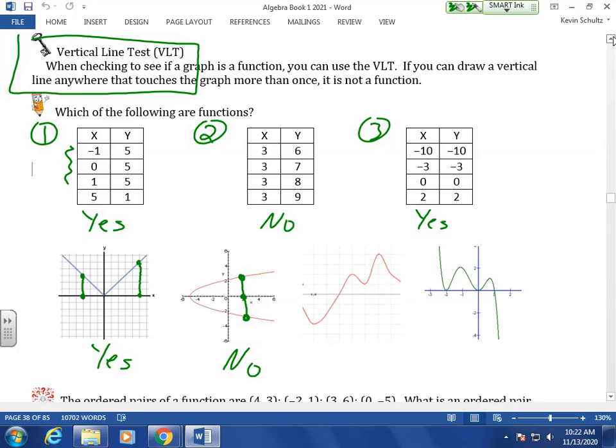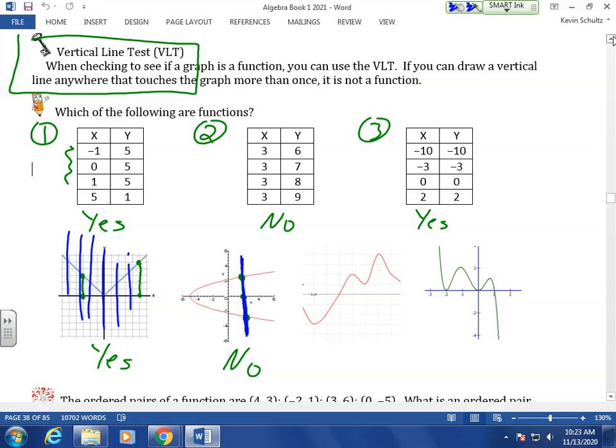Because for this x value of 2, my vertical line touches the graph in more than one place. That means there's more than one y value for that given x. Here, I can draw vertical lines wherever I want, and I'm only hitting that V once. That is a function. There's only one y value for every x.